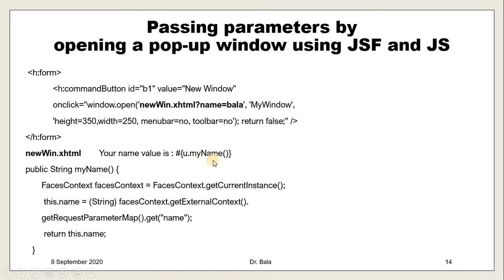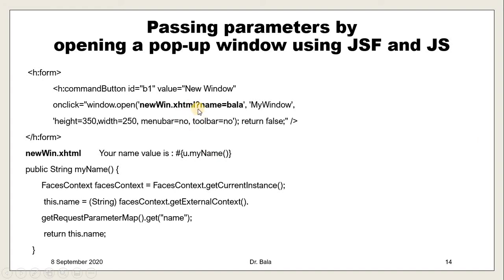It will pop up a new window when we click this form event, and in the new window the value is going to be printed over here. How? Using this method, which is retrieving the request parameter. The request parameter has the value. That value is going to be shown here. So this is one simple example.